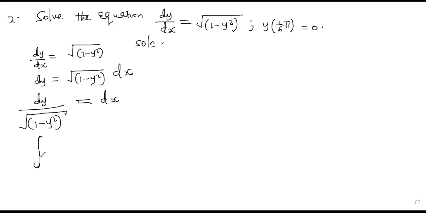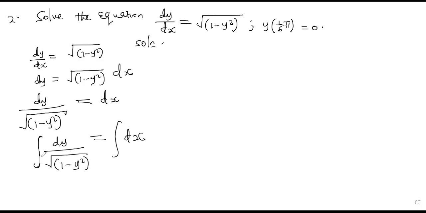So we shall integrate dy over root of 1 minus y squared is equal to the integral of dx. When you integrate this, you need to realize that here we shall apply sine substitution. Under integration, I covered this work.